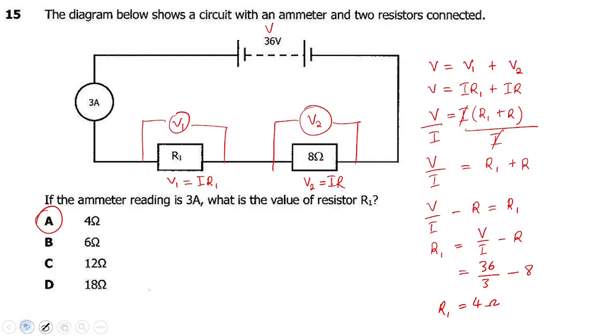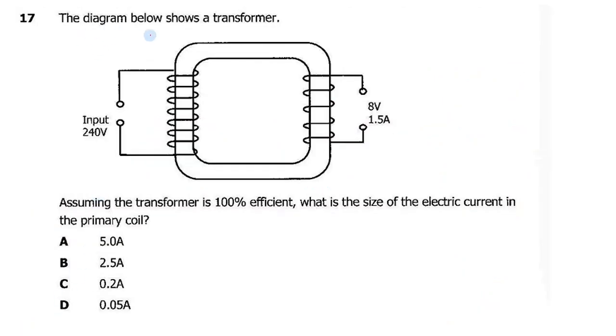So we move. Here the diagram below shows a transformer. They're saying, assuming the transformer is 100% efficient, what is the size of the electric current in the primary coil? These are the things we have been encountering already.